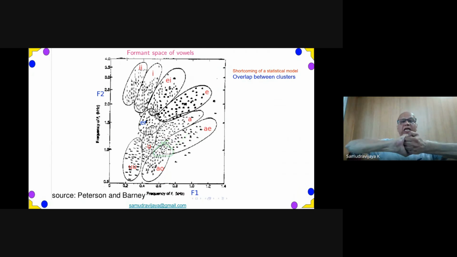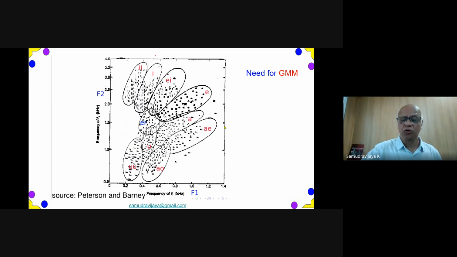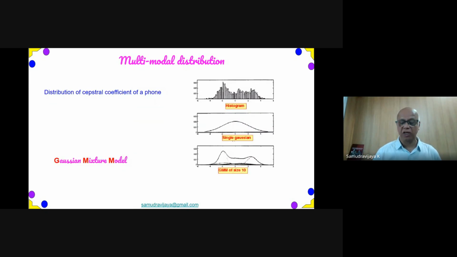So there is overlap between the clusters. When there's an overlap between clusters, statistical models are not that great. Therefore, we use probabilistic models, and we use normal distribution or Gaussian distribution that gives the probability of a data point belonging to each of the clusters, and we can use higher level knowledge such as the lexicon or language model to improve the recognition accuracy.